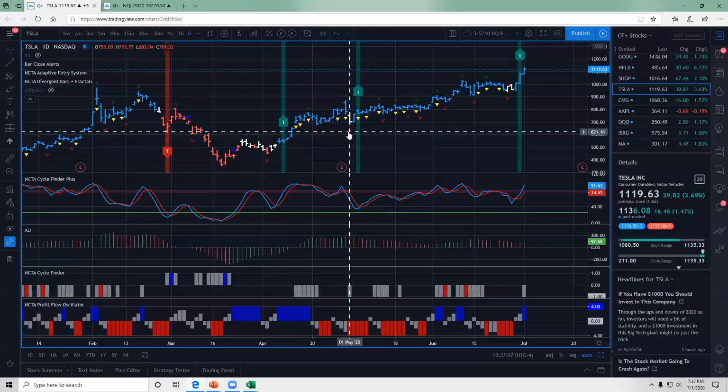Anyway, I think the answer to that question is yes. But as with any system, we're super excited about this adaptive entry system. But if you decide to incorporate it into your own personal trading, it is imperative that you invest some time in doing sim trading, whether you're trading options or futures.